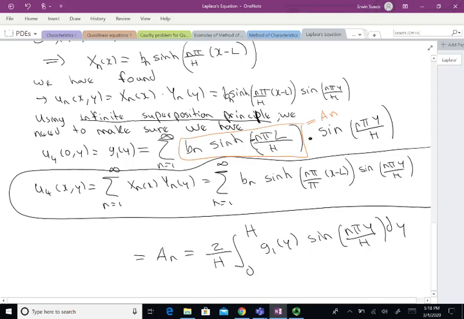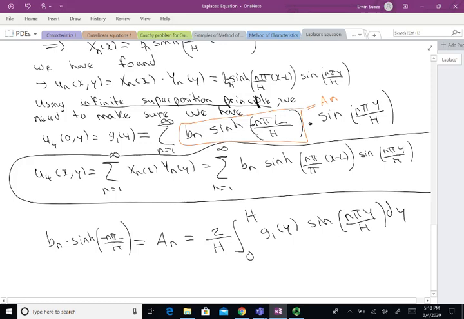But a_n is b_n times sine hyperbolic of minus n pi L over h. Therefore, I have a formula for b_n. I can move this one down. So b_n is really that integral divided by sine hyperbolic of minus n pi L over h times h.